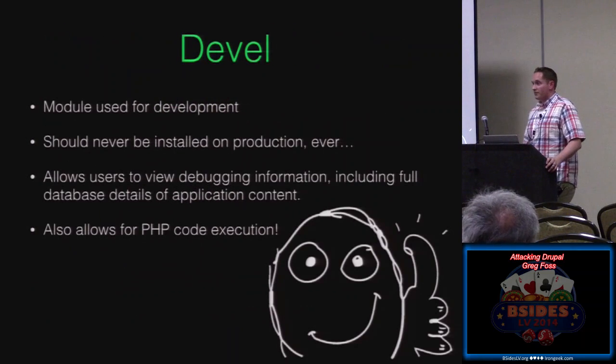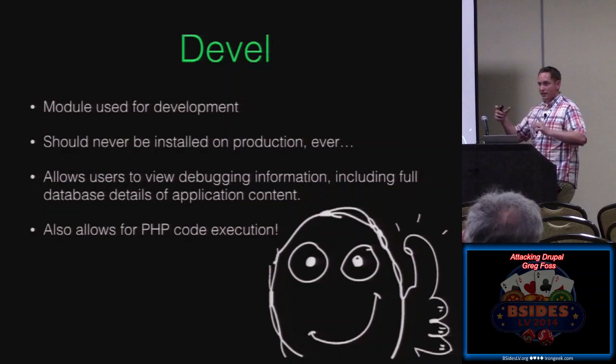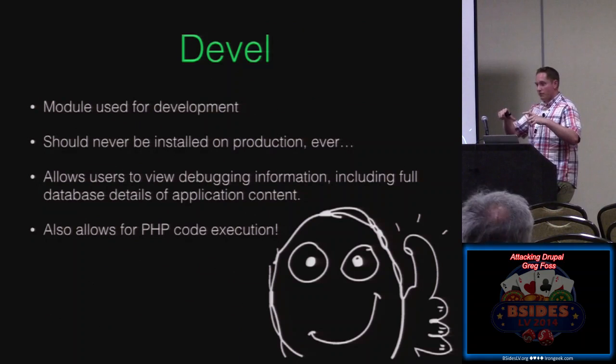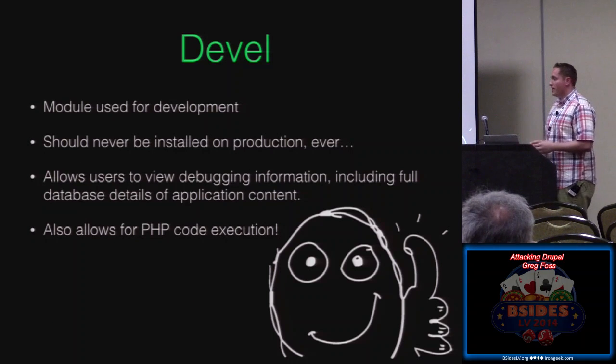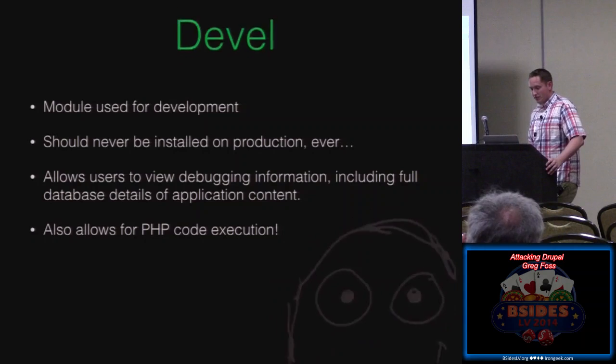Anyone here mess with Drupal and use Devel before? It's a nifty module. It essentially will show you every single database detail of what you're displaying within the application on the page. So you bring up a user account, and it shows you all the backend database info it has on that user account. I'll show you here in a minute why that is so bad.